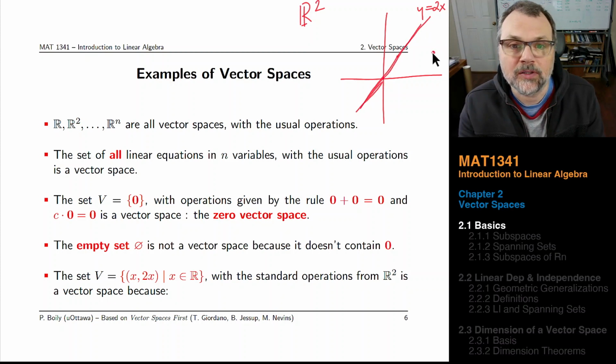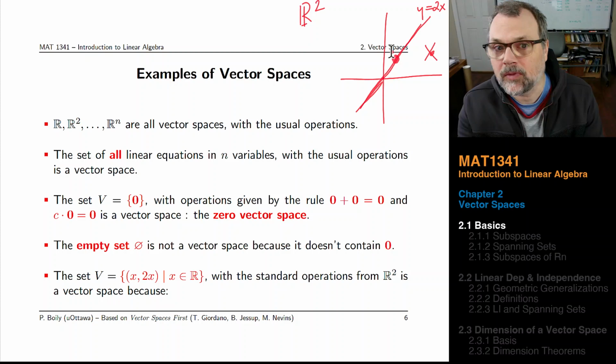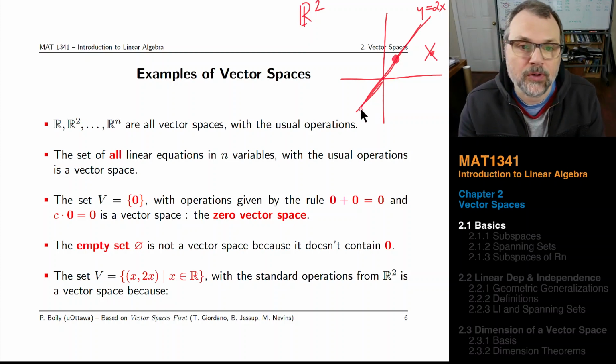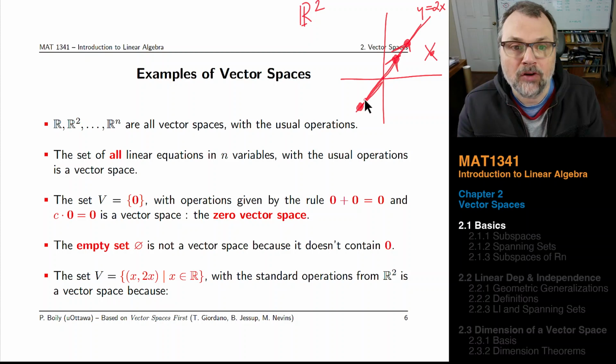For instance, this point here is not in V. This point is in V. So is this point right here. So is this point right here. So all of these are vectors of R2, but they are restricted to the line y equals 2x.